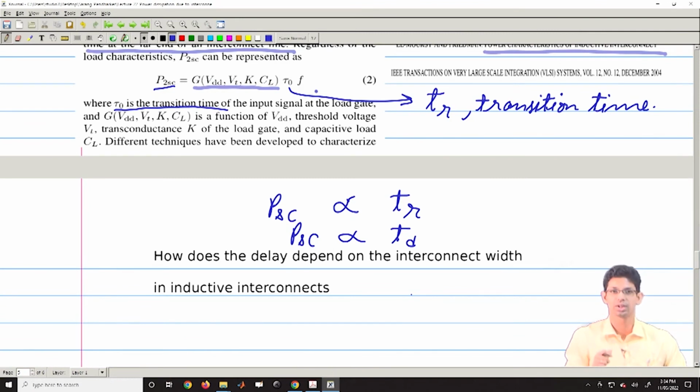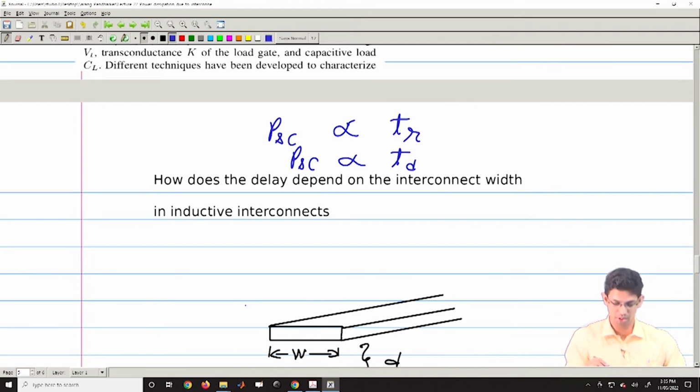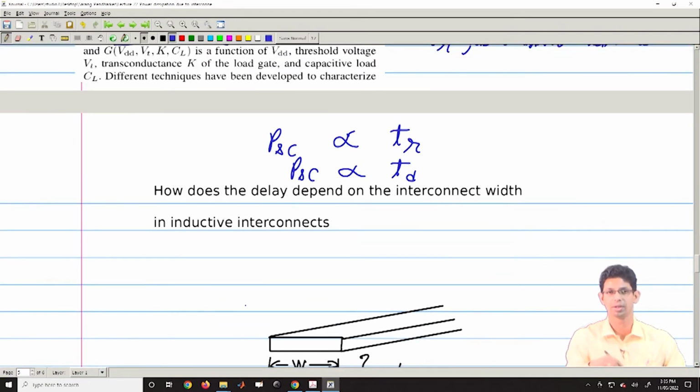Now, we come to the question: how does this delay depend on the interconnect width in inductive interconnects? When we are looking at purely the dynamic power, we got that if I just go on reducing the width, my dynamic power will reduce. But now when we discuss the short circuit power, we saw that short circuit power depends on my delay or the transition time.